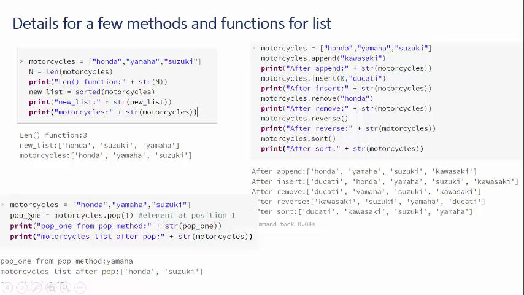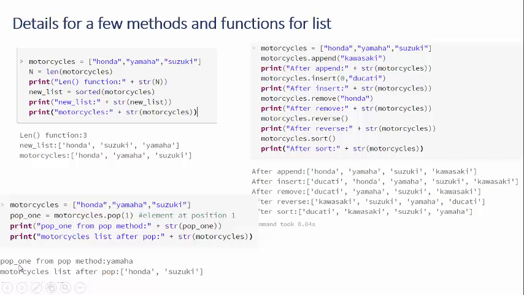That variable, which I named pop1, lets me see which element was removed from the list using the pop method. So this one should be Yamaha, and after the pop method, Yamaha is removed from motorcycles, so there will be two elements, Honda and Suzuki. To see whether it is true or not, let's run this, and this is the result.